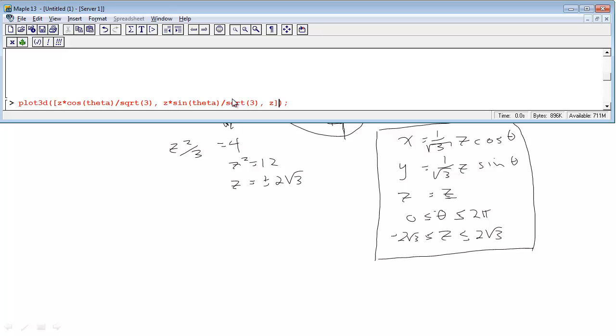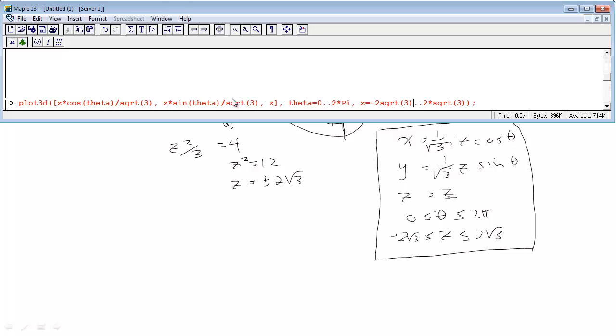Now I can put in my bounds on theta and z. So we have theta goes from 0 to 2 pi, and z goes from negative 2 times the square root of 3 up to 2 times the square root of 3.